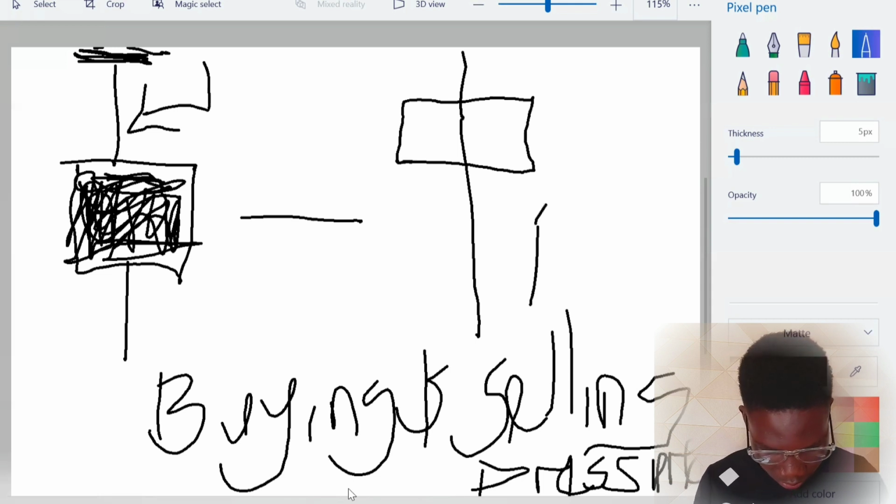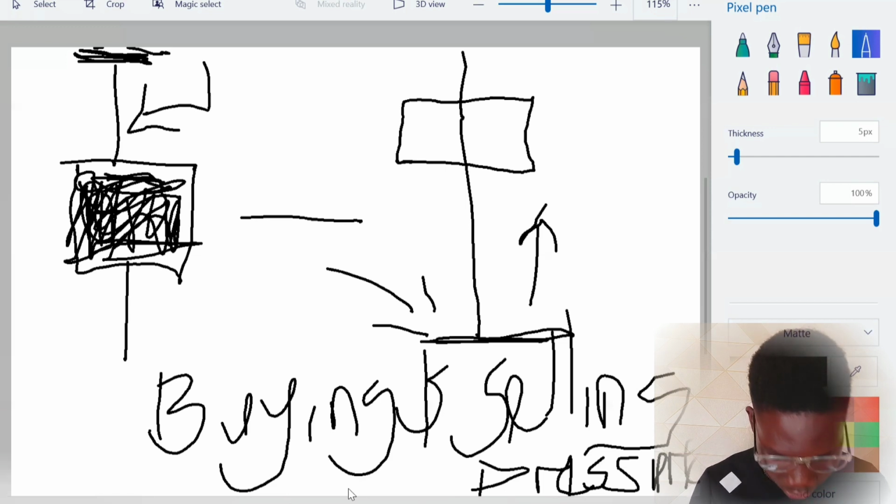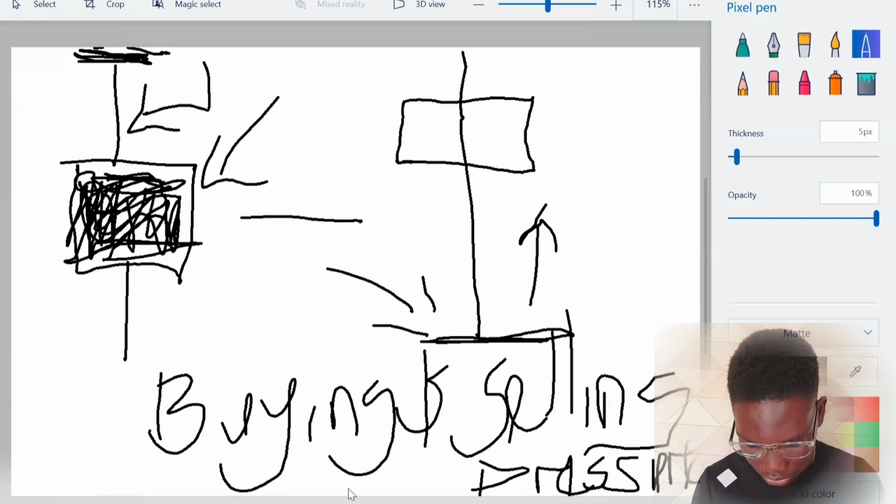This is called a buy momentum, because the price at a particular point got to this place before going up to close. So this is called a strong buy momentum, while the opposite is called a strong sell momentum.